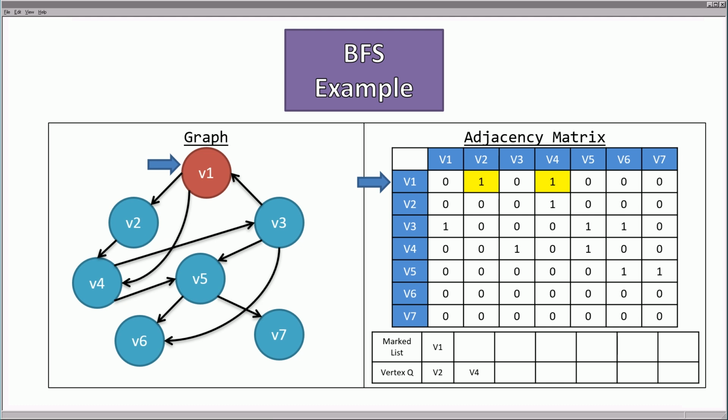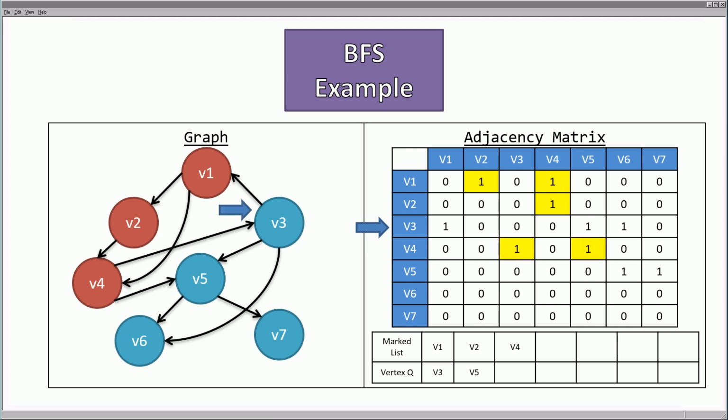So now that we've added this to the queue, we can traverse to vertex V2, dequeue it, add that to our marked list, and then add from V2 its neighbors, which is only V4. V4 is already in the vertex queue, so we don't re-add it. Now what we're going to do is dequeue vertex V4, add that to our marked list, and then add all of the outgoing edges from vertex V4, which happens to be vertex 3 and 5.